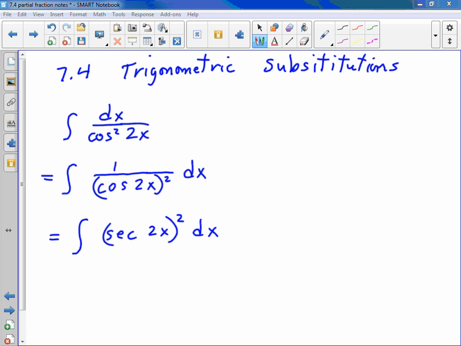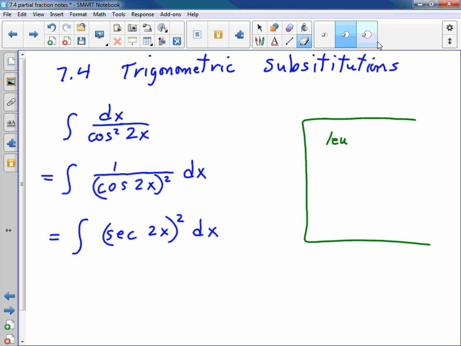So then, off on the side, we could say, not that, Jeremy. We could say, let u equal, and a lot of you, I know at this point, would say, let u equal secant 2x. I know, right? You're going to say that.